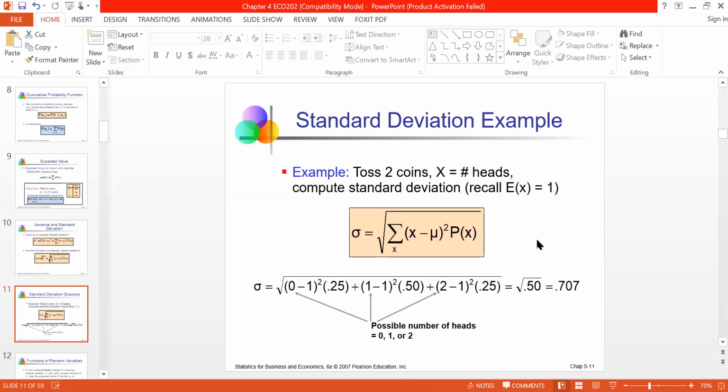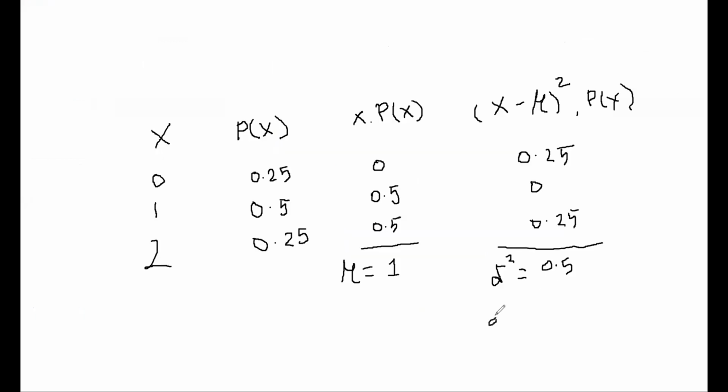So let's go back to the whiteboard again. The standard deviation will be only sigma because you're square rooting it, and if you calculate it in your calculator, it will be 0.707. Let's go back to the slide again.